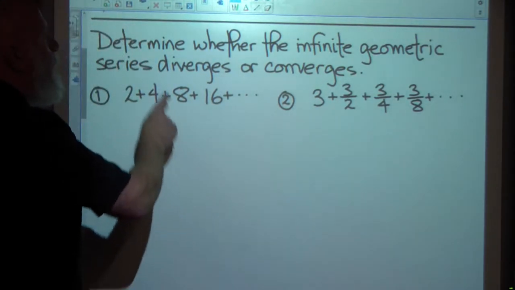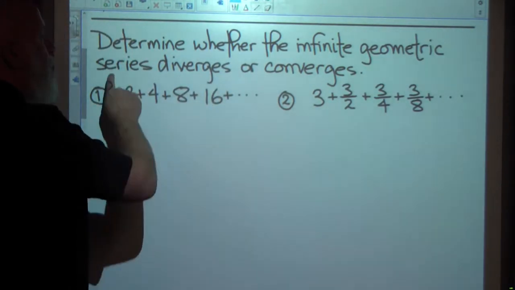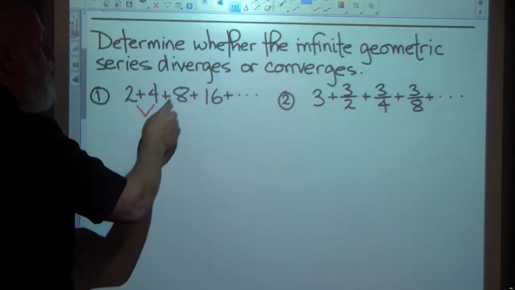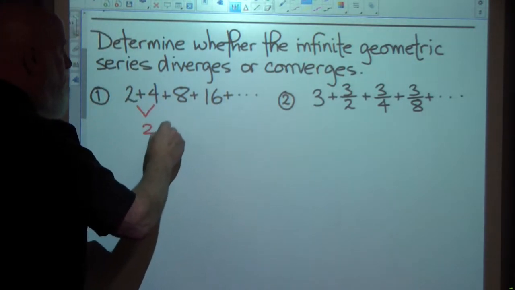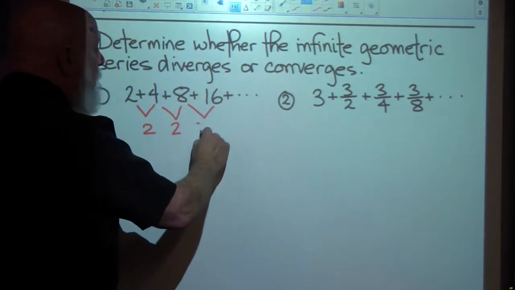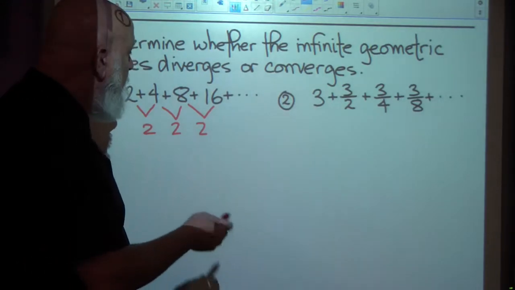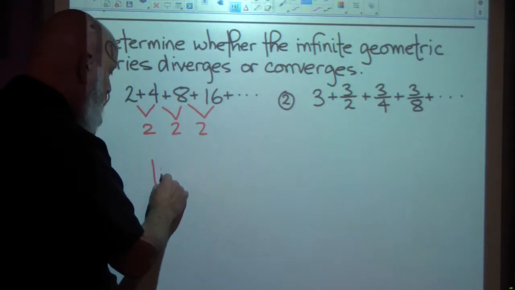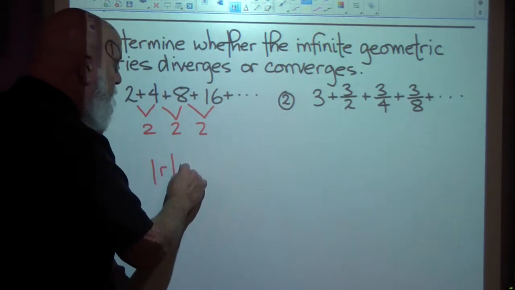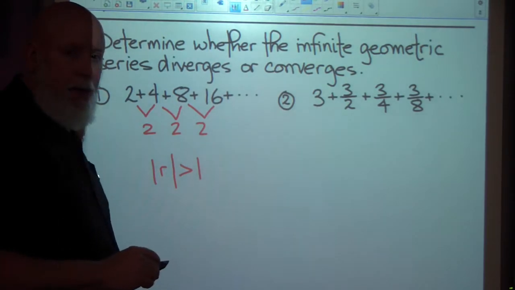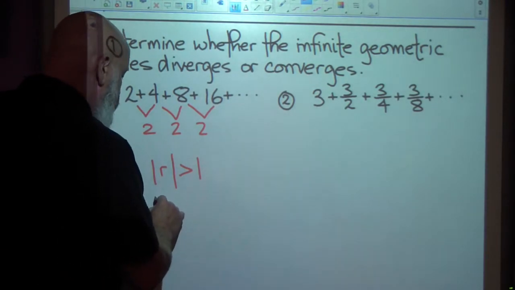So here's how you determine whether an infinite geometric series diverges or converges. Find the common ratio. And if the absolute value of the common ratio is greater than 1, it's divergent.